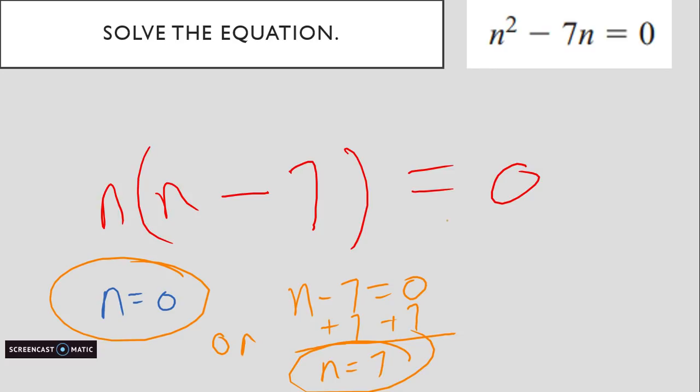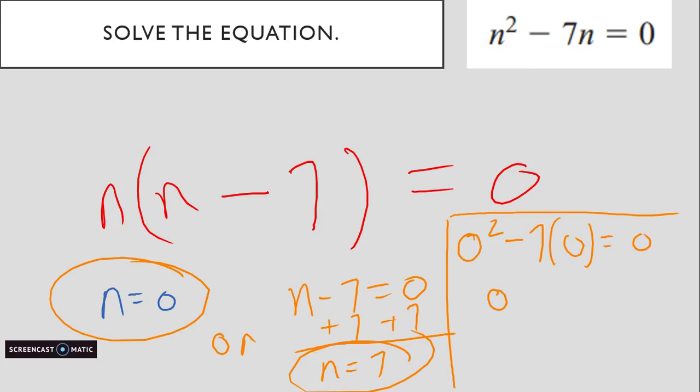I just want to real quick remind us why we're doing this. If we take 0 and square it and subtract 7 times 0, we find out that we have 0 minus 0, which is 0.